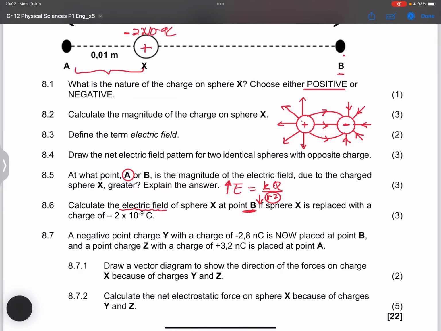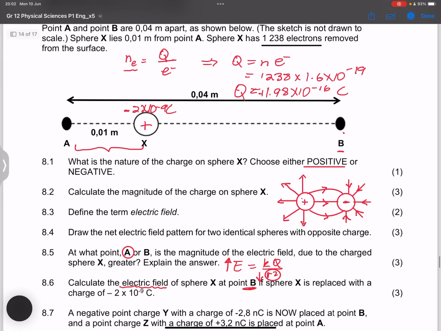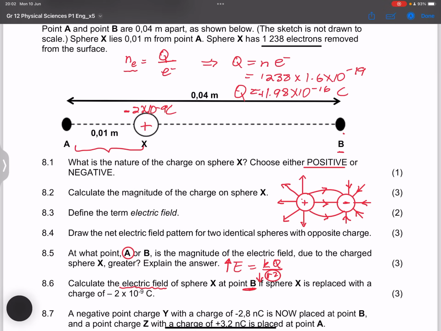So for 8.6, we know that E is equal to kQ over r squared. So the electric field intensity would be 9 times 10 to the 9, multiplied by the charge, which we said is 2. Remember, we don't need to put the sign for the charge.